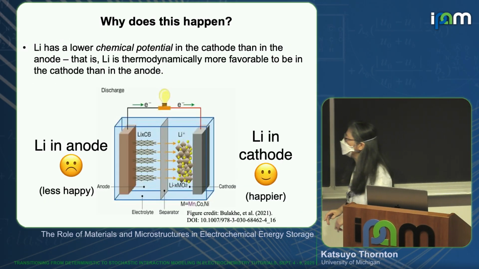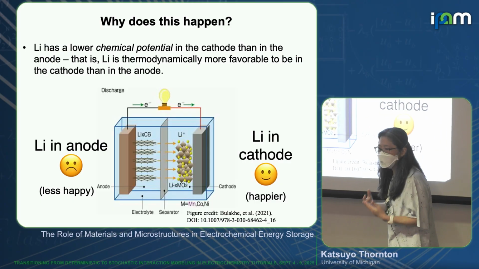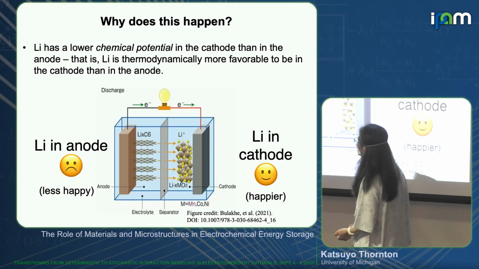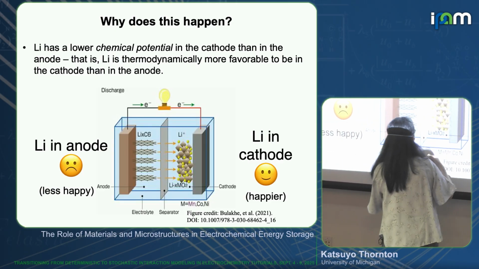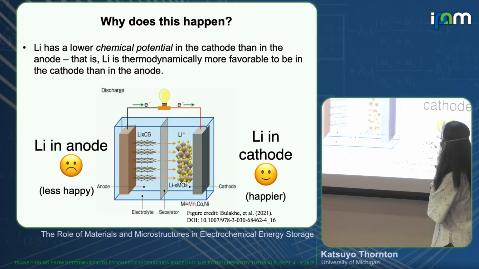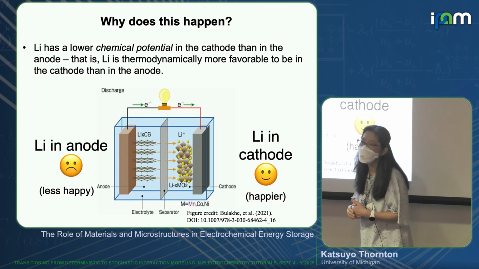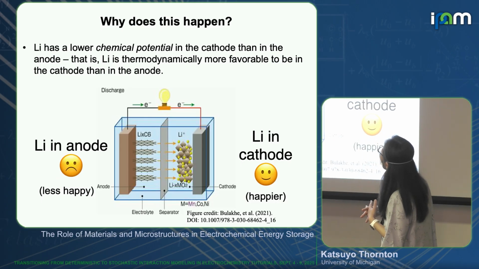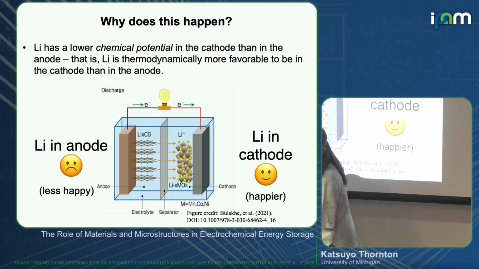And how does this happen? How does the lithium go from one side to another? This is about the thermodynamics of the system. Lithium in the anode is less happy than lithium in the cathode, which is happy. So lithium has a lower chemical potential in the cathode than in the anode.